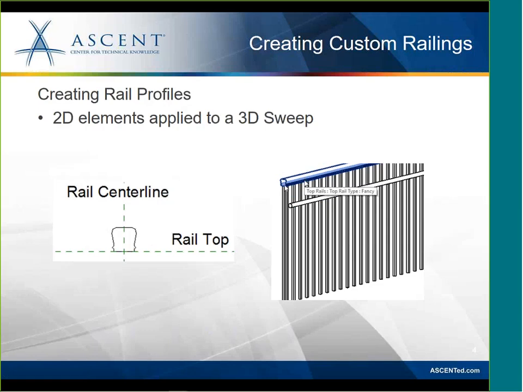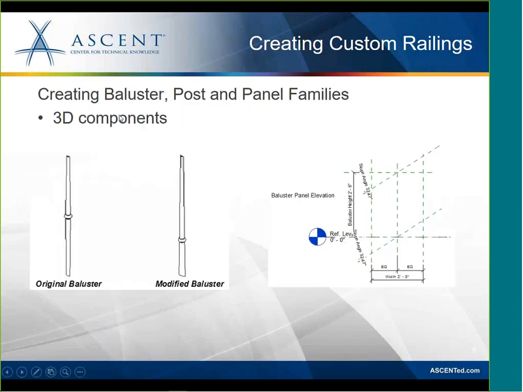The rails that we're showing here are two separate items called a top rail and a handrail. It's this one that's not highlighted there that is a handrail. So if you're doing a guardrail and handrail, or only doing a handrail, you are using those. Any of the rails, top rail, handrail, and all of your horizontal rail items, are all made from profiles. Whereas your baluster, post, and panel families are actually 3D components.